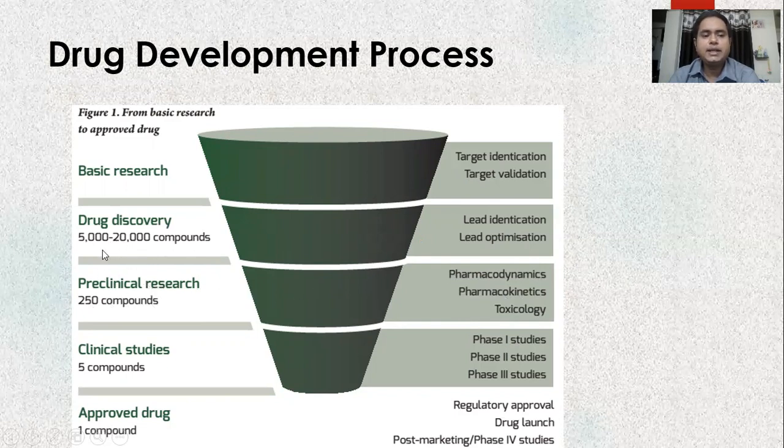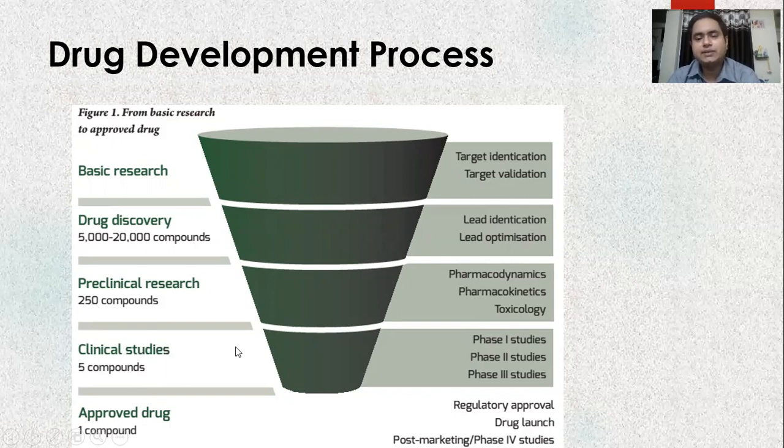When you enter with 5,000 to 20,000 compounds in the drug discovery steps, the preclinical research identifies only 250 compounds that show efficacy, and only about 5 compounds will reach the clinical study. It might be 1 compound or 2 compounds, and it might be 10 compounds also.